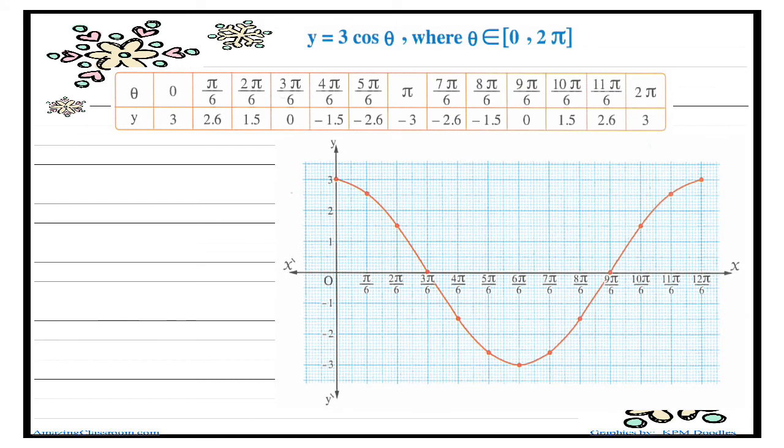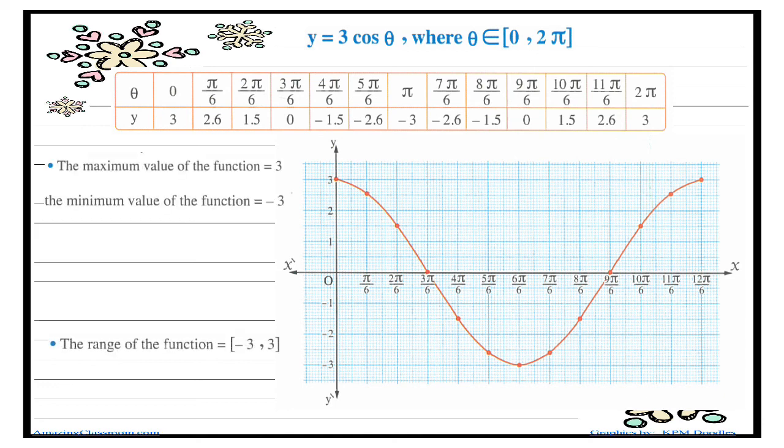And we can see that the maximum value here equals 3 and the minimum value equals negative 3. Why? Because the function is y equals 3 cosine theta, 3 multiplied by cosine theta. Then the maximum value is 3 and the minimum value is negative 3, and the range starts from negative 3 to 3 in the closed interval.